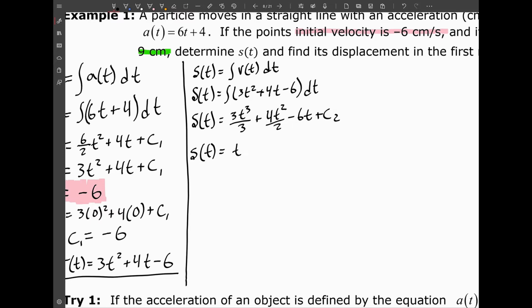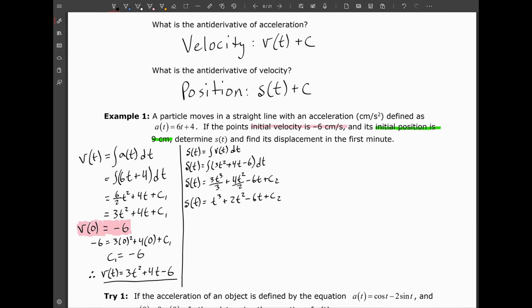So we simplify this, we get t cubed plus 2t squared minus 6t plus c2.